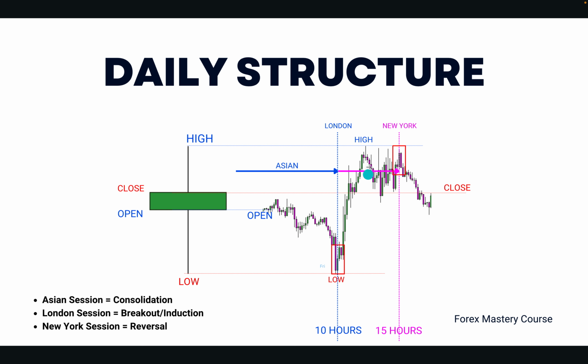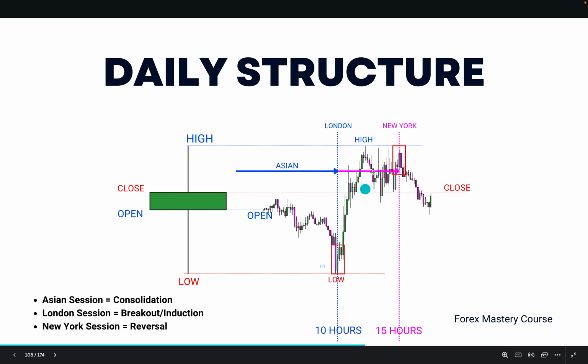Then we work off of that high of the day, and then what do you know? We come 15 hours later, we come into New York session. New York session, we have that railroad candlestick pattern off of the high of the day. And what is the New York session characteristic?